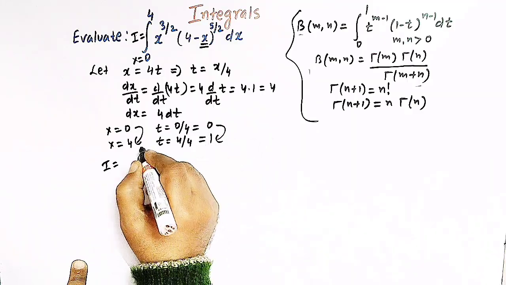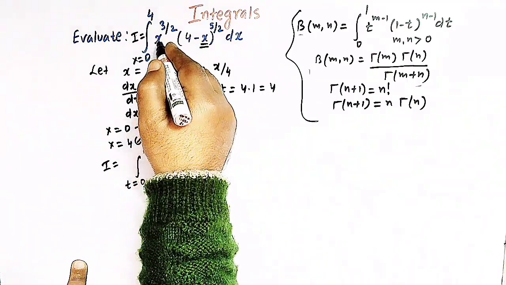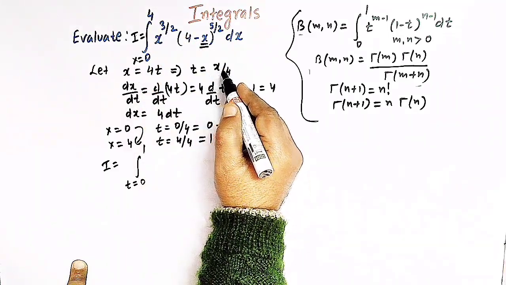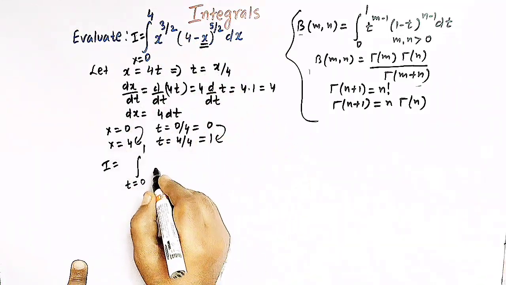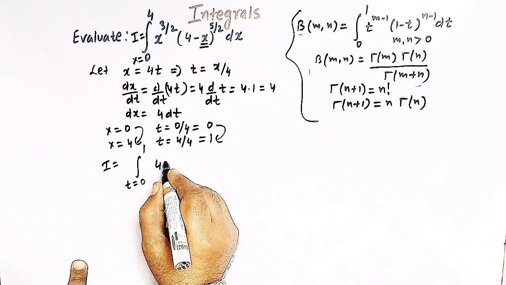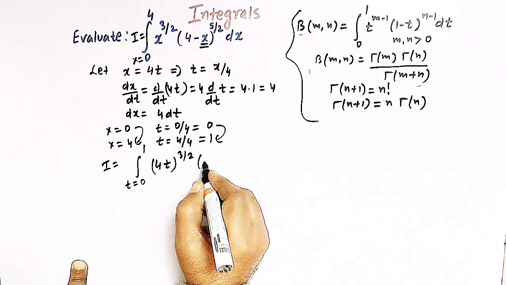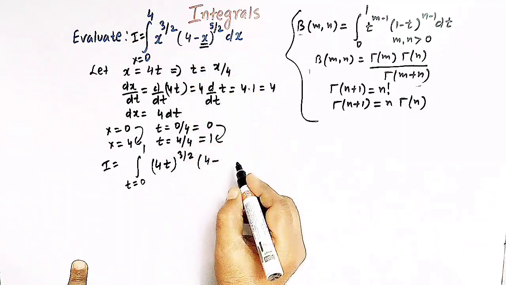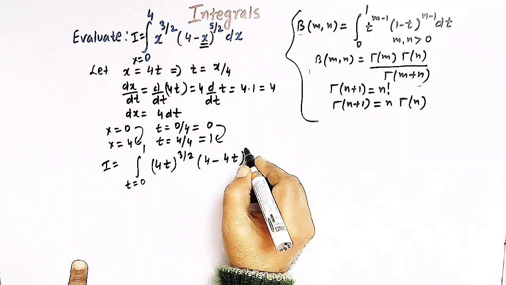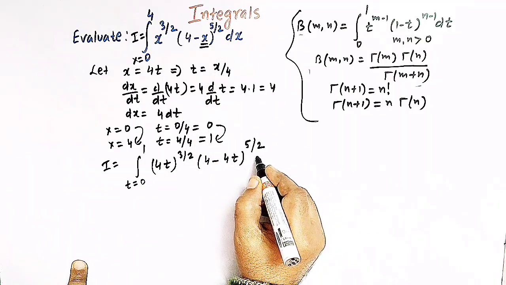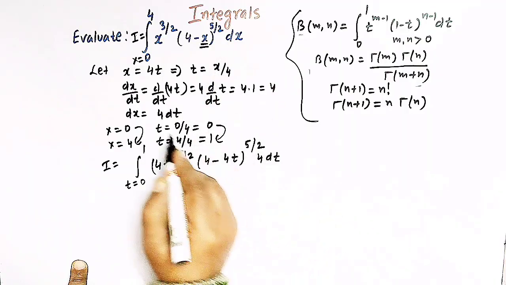So we have here 0, here we have 1, and x raised to 3 by 2. x is given by 4 times t, so we can now write (4t) raised to 3 by 2. Then we have 4 minus x, which is (4 minus 4t) raised to 5 over 2, and dx is given by 4 times dt.